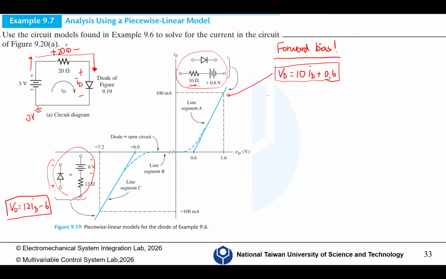So by using KVL, starting from the bottom left corner, we have -3 plus 20 ID plus VD equals 0. So we have VD equals -20 ID plus 3.